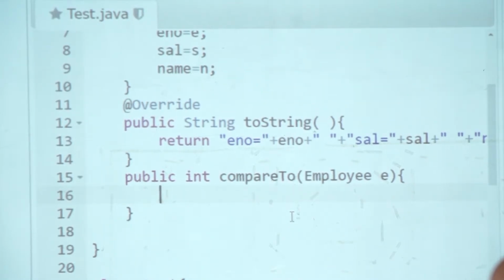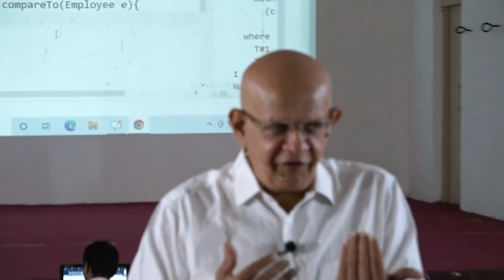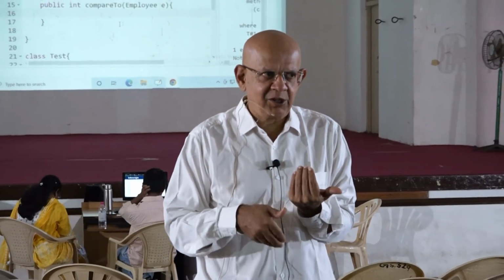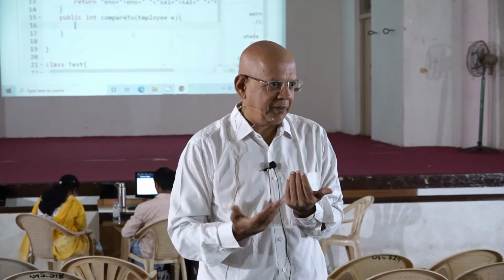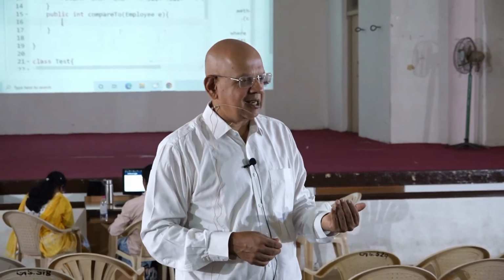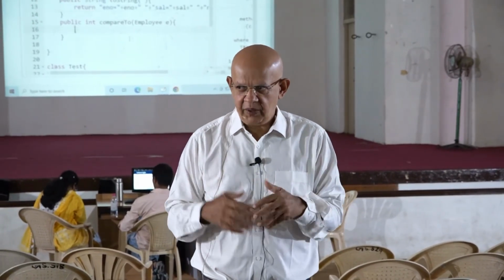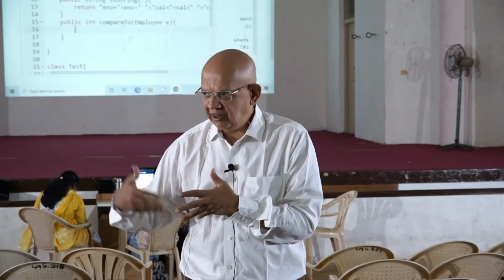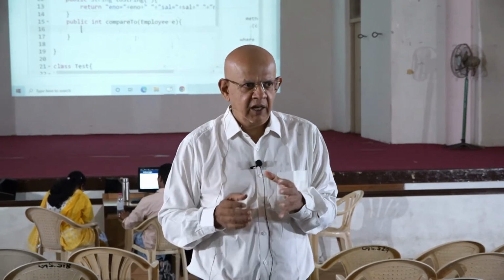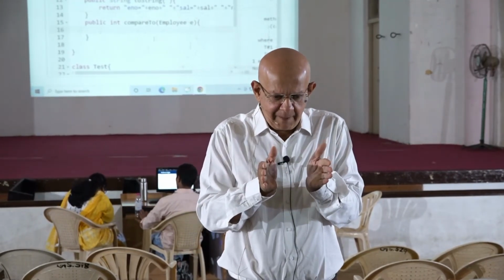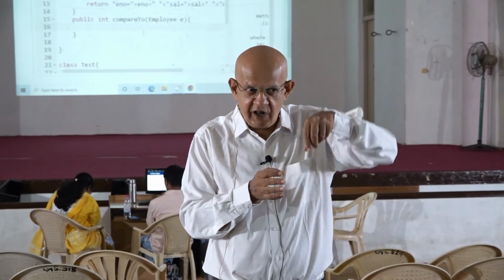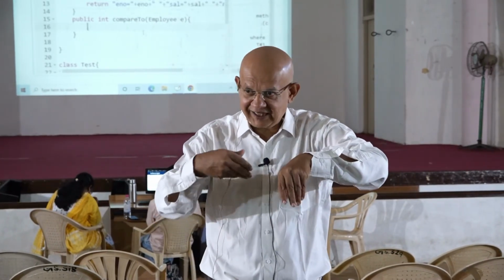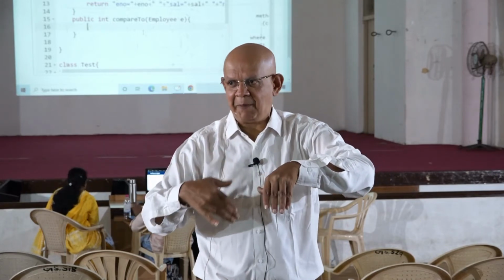Another employee object. Every employee object has to be compared with every other employee object to decide whether I am less than somebody or more than somebody. The way compareTo is called, it is called on one object, passing another object as a parameter.